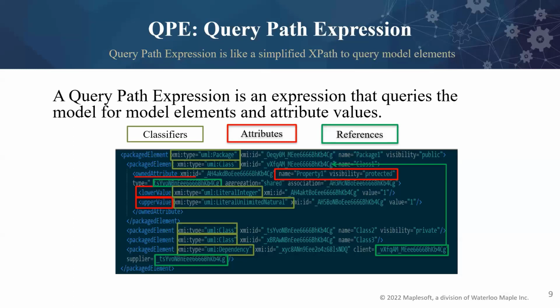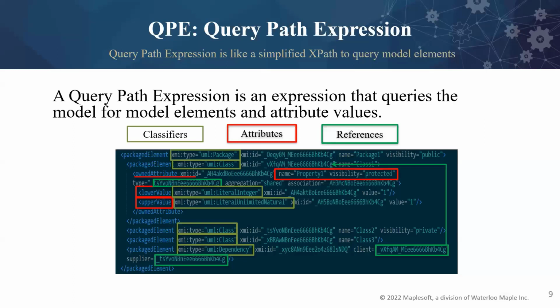For example, the operational activity, physical function, logical function, or physical component, logical component, etc. Then the attributes are the properties of the classifier.